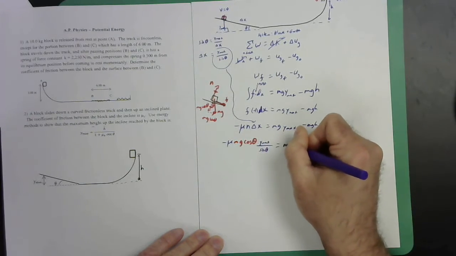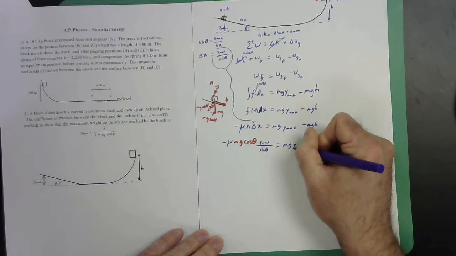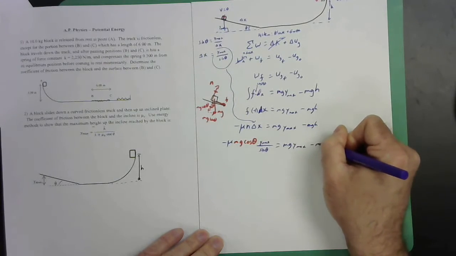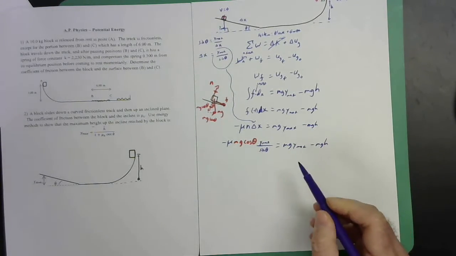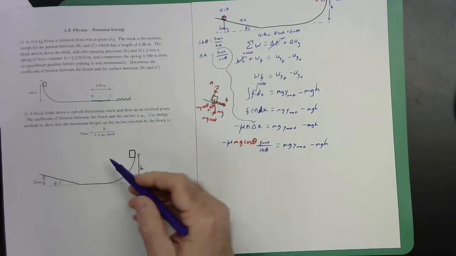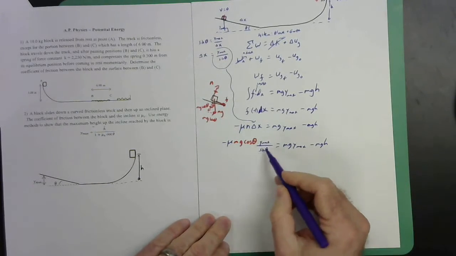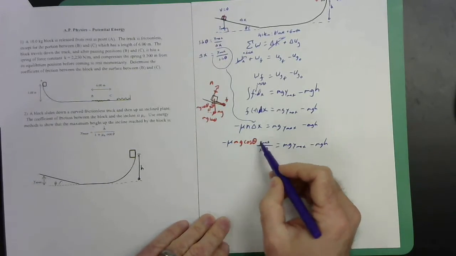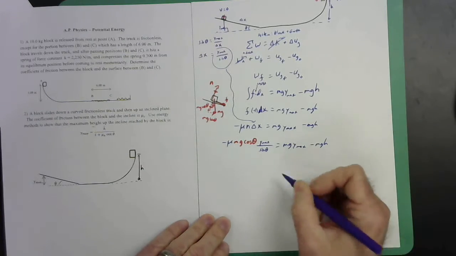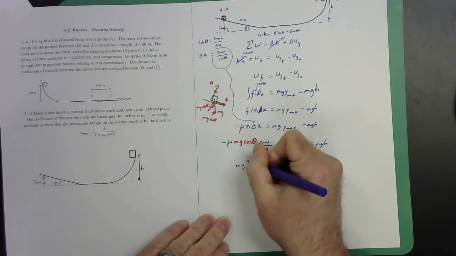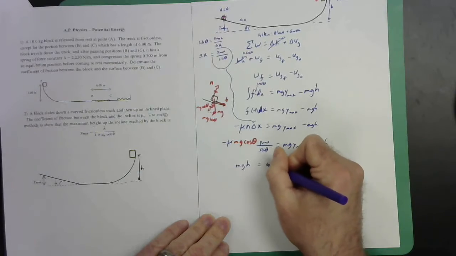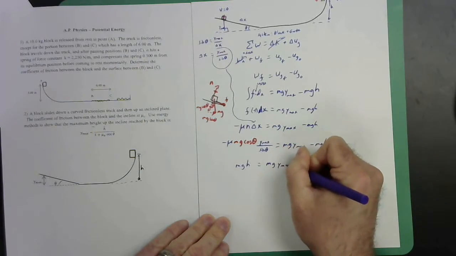All right. I'm just going to copy this line down again because I can't help myself. We are trying to solve for y max, right? So I'm going to group my y max terms together. Let me move the mgh over here. mgh is going to be mg y max, right?